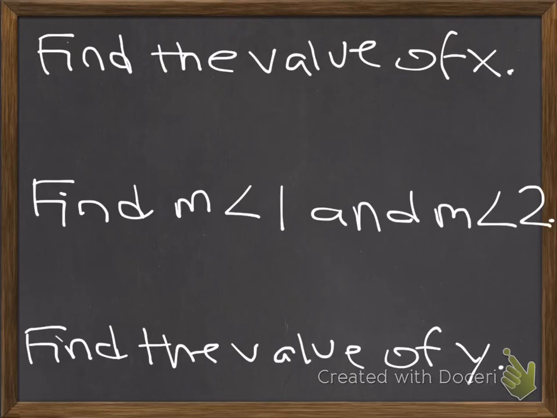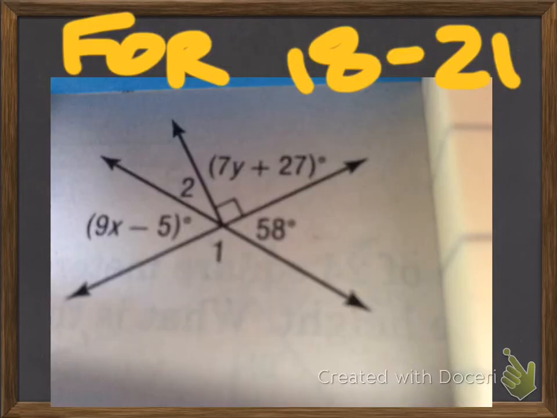If it's asking to find the value of x, we need to think of what x is. So x is actually across from the vertical angle 58. So to solve for x, we would have to do 9x minus 5 equal 58. And then we would add 5 to get 9x equals 63, which gives us x is 7.